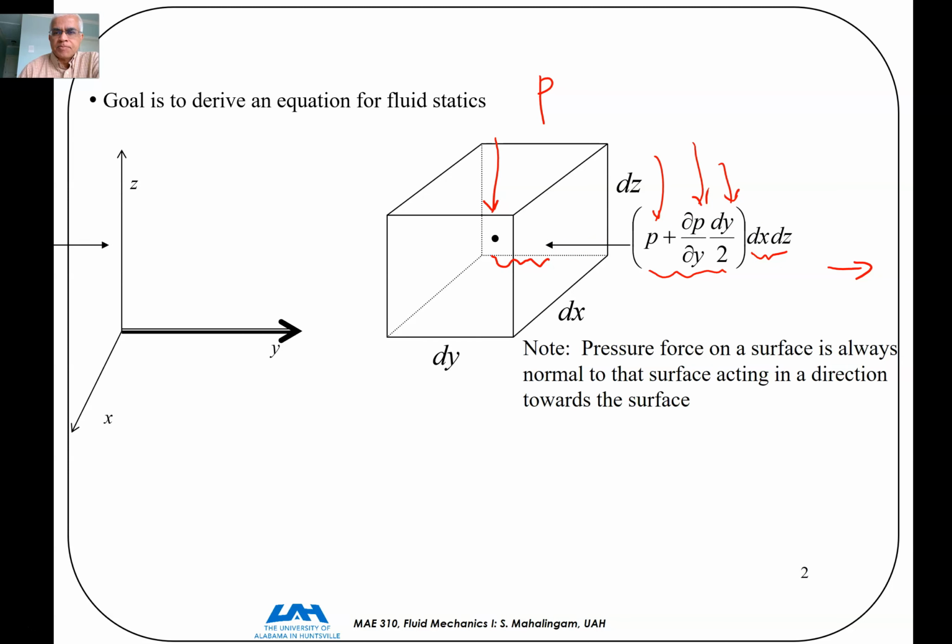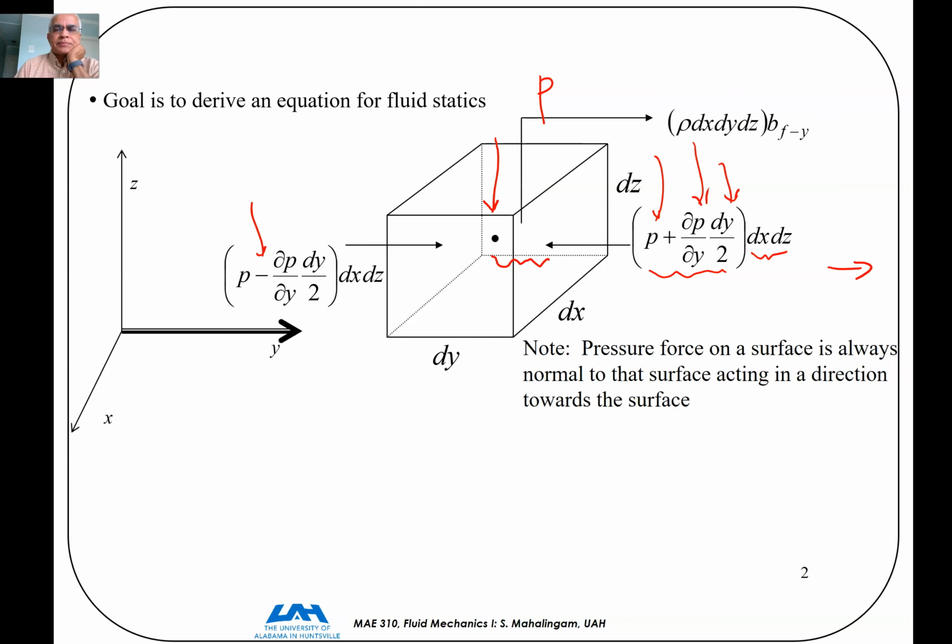Same idea on the left face. The only distinction is the left face is at a distance minus dy over 2, and so that's why this negative sign appears. Okay, so it's again a pressure on the left face multiplied by the area, and the reference point is at the center of this object dx dy dz.